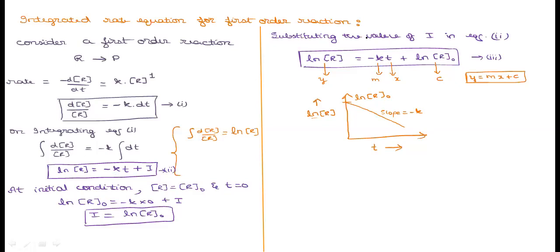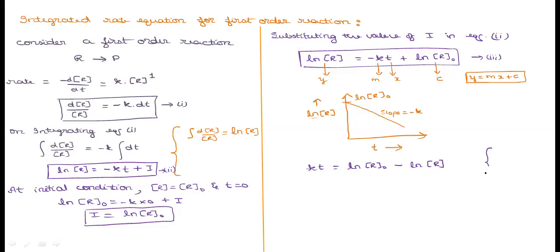Now we'll rearrange to get the minus k. So minus kt on LHS will become plus kt, equal to ln R naught minus ln R. Now this is in the form of log m minus log n.